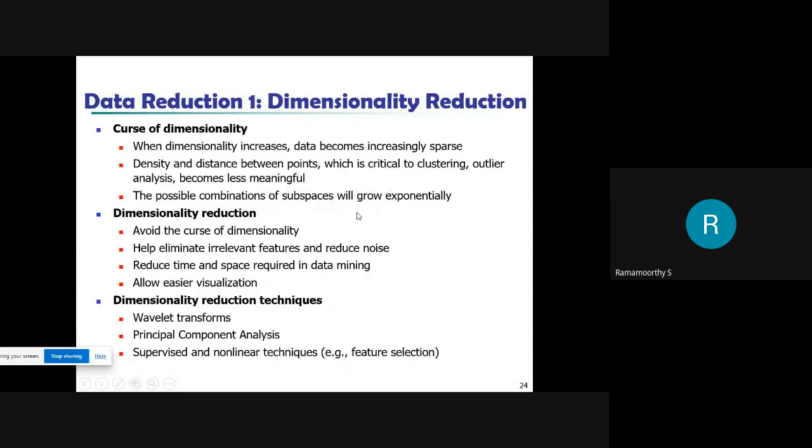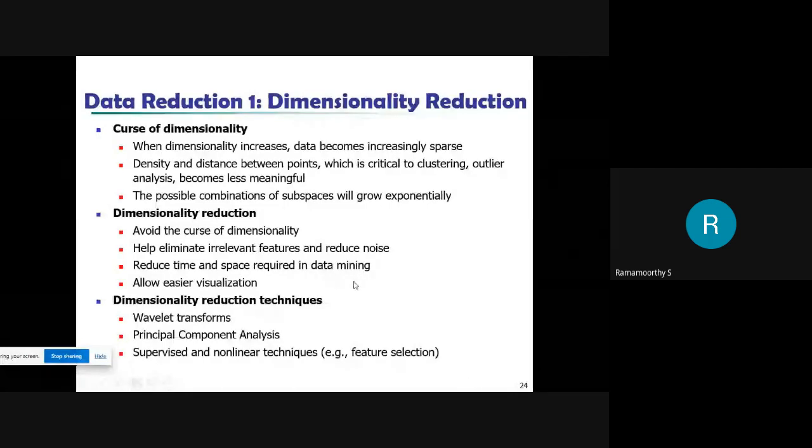So what exactly is dimensionality reduction? It is going to avoid the curse of dimensionality listed in the previous case. It will eliminate irrelevant features and reduce the noise. That is what is expected for any quality input data set, right? It will also reduce the time and space required in data mining.